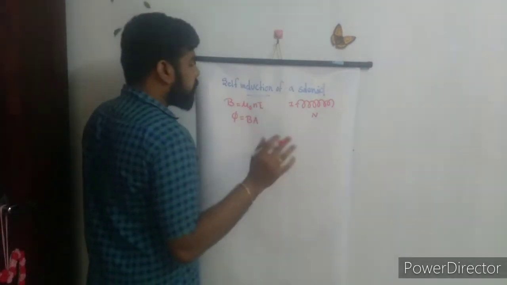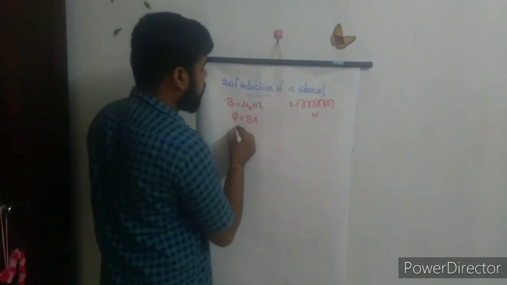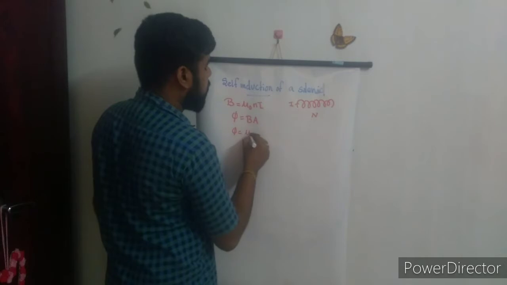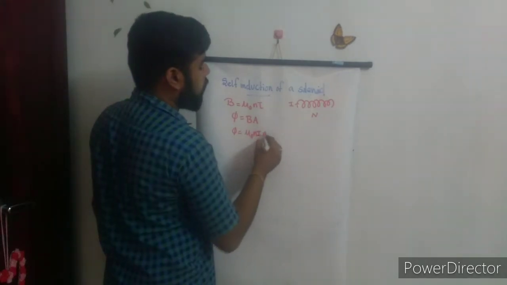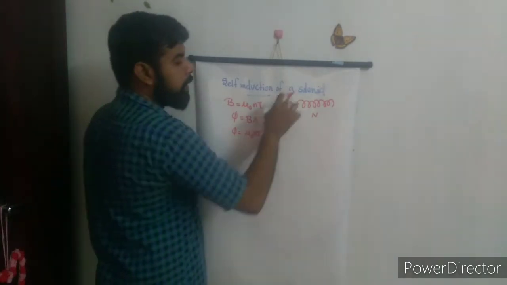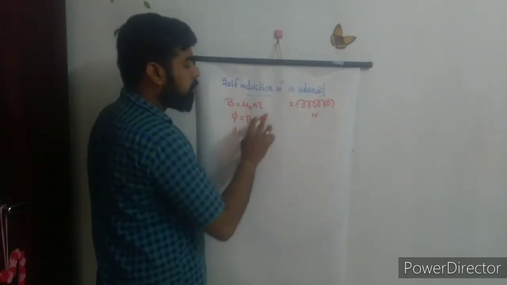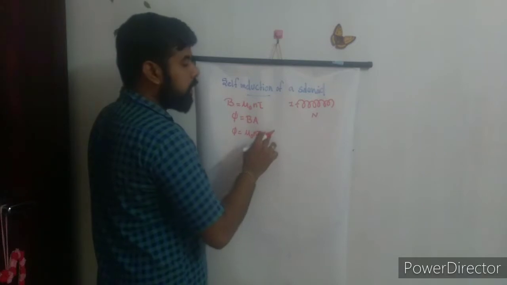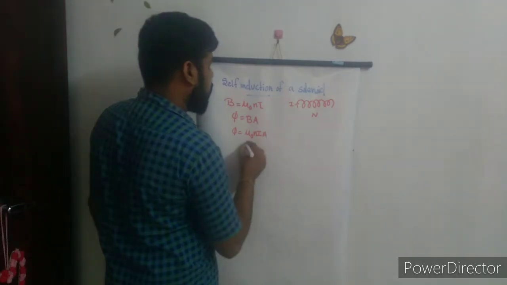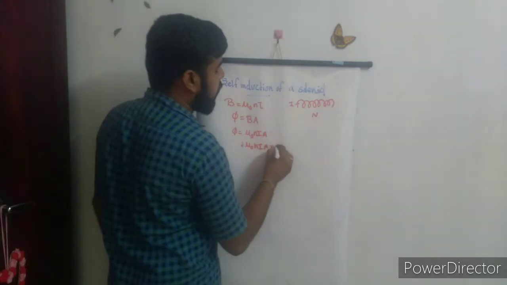Now, the flux through this solenoid, substituting B, is mu 0 n I A. This is the flux per turn. Then the flux through the total solenoid is mu 0 n I A into the total number of turns N.